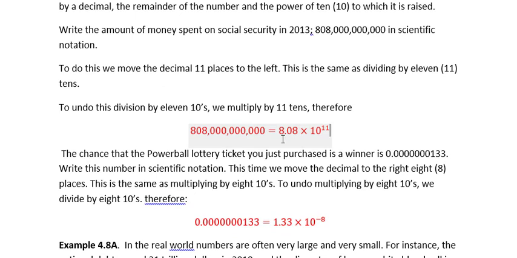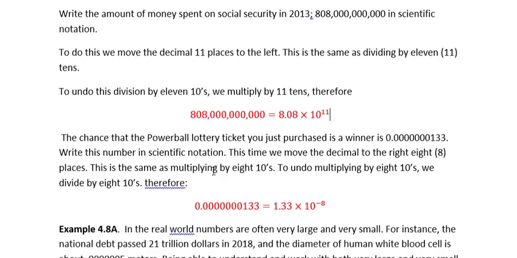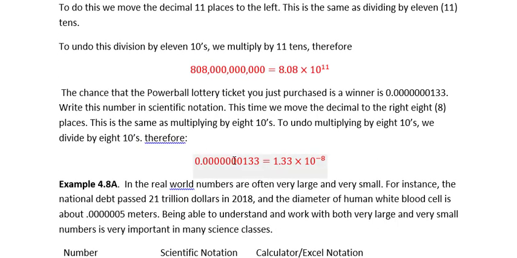Scientific notation always has a whole number and then a decimal, and then the rest of it. Let's do it the other way. The chance of winning the Powerball lottery just purchased is 0.0000133. I'm going to write this number in scientific notation. And you can read that, but I'll just explain it from here.